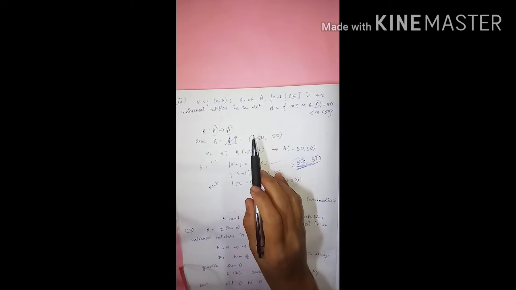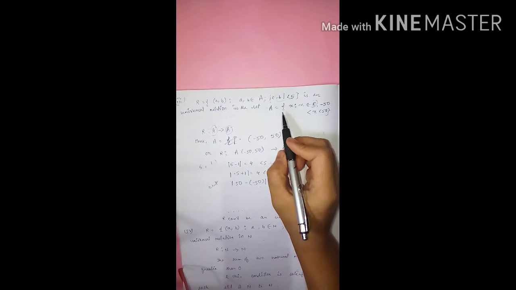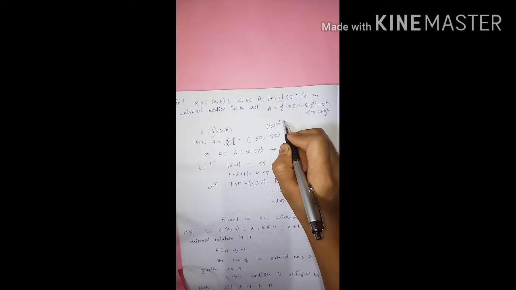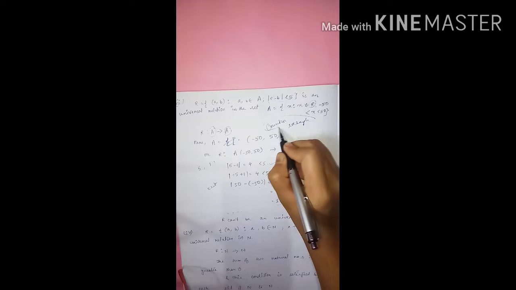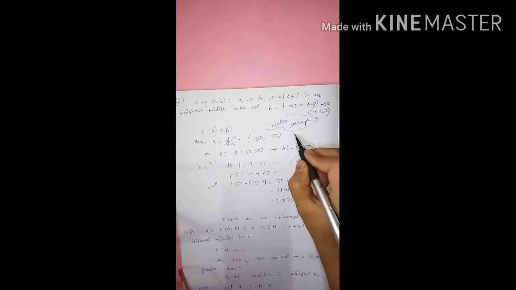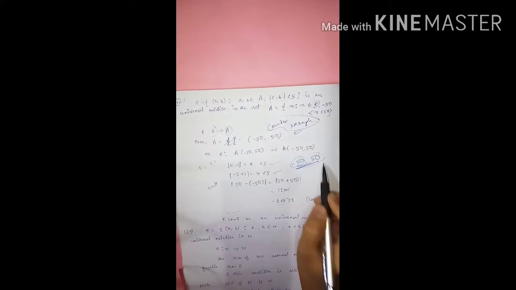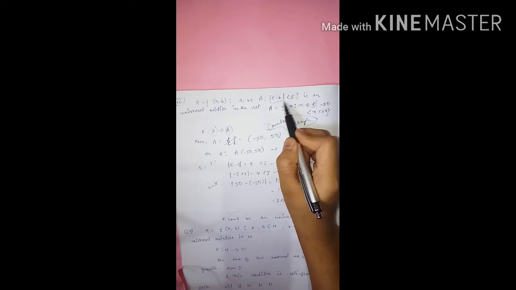So if we have such a type of question, then it is very important to check a counter example. Here we can see this pair does not satisfy the condition.